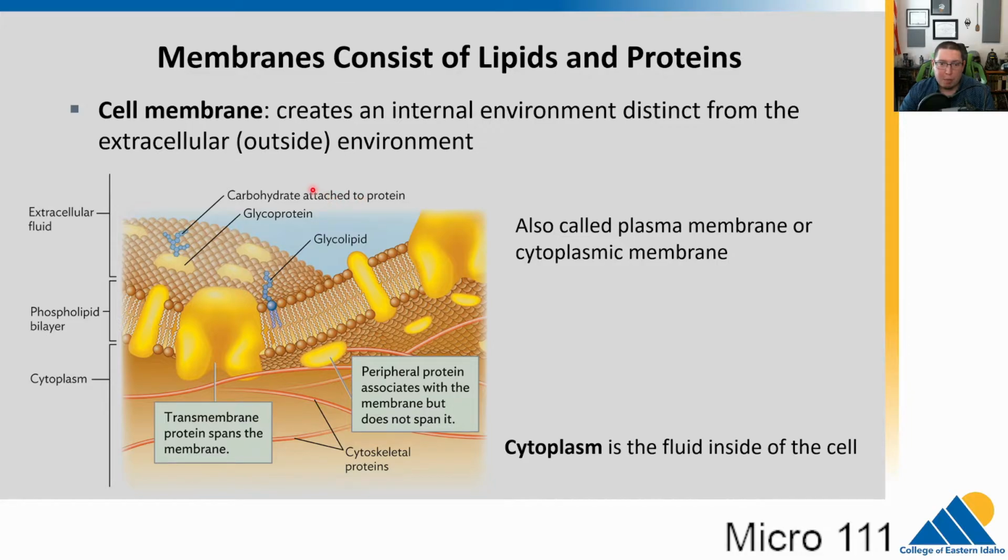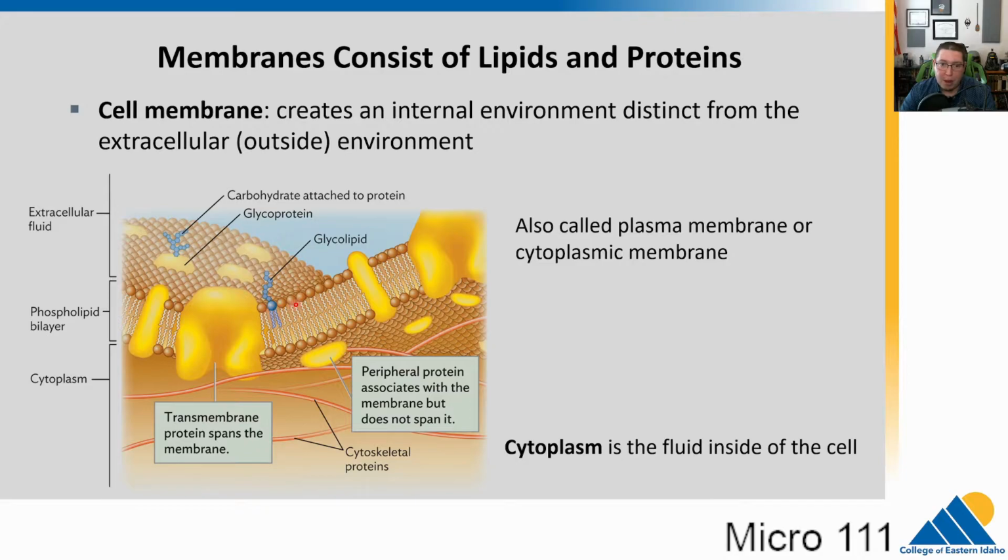The membrane might also be called a plasma membrane or a cytoplasmic membrane. It's because on the inside here, we have the cytoplasm. It's a fluid that is inside of the cell. It's mainly water, but there's some other stuff in there as well.